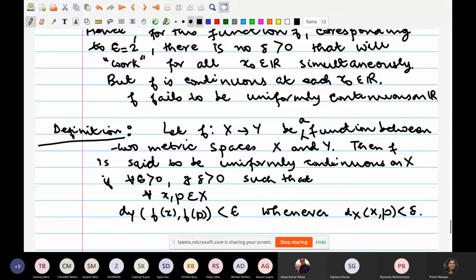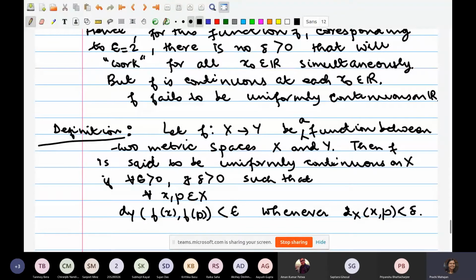The point is that delta is independent of the choice of the points x and p, unlike continuity, where the delta can possibly depend on the point x naught where the continuity is being considered.